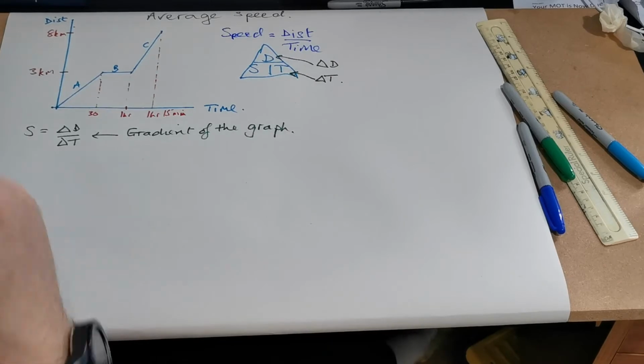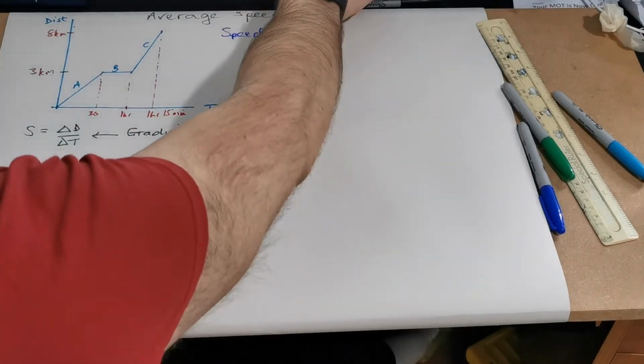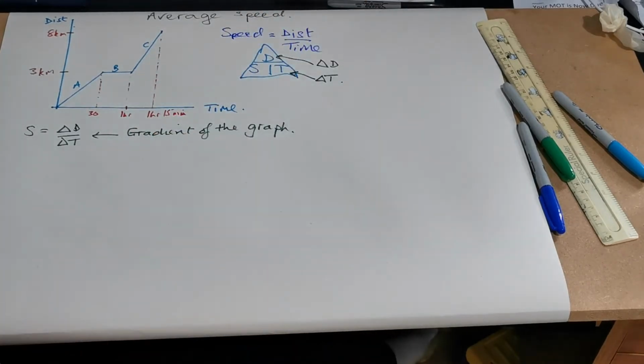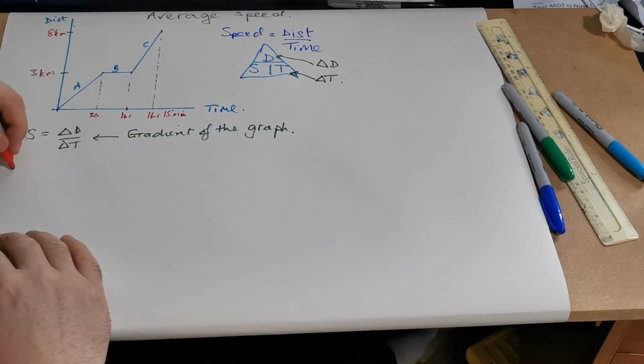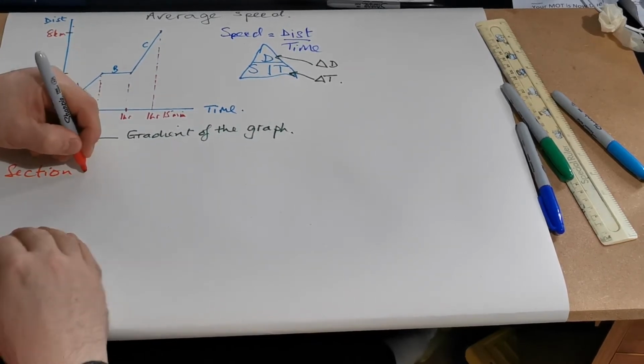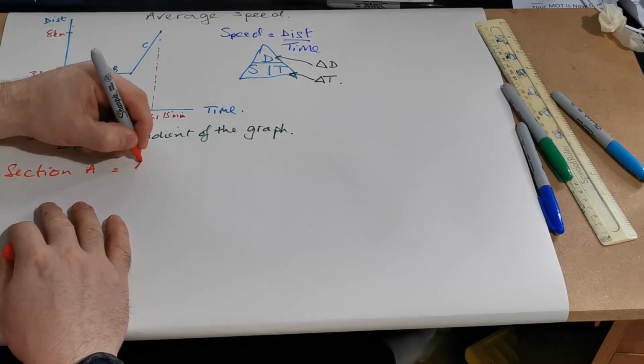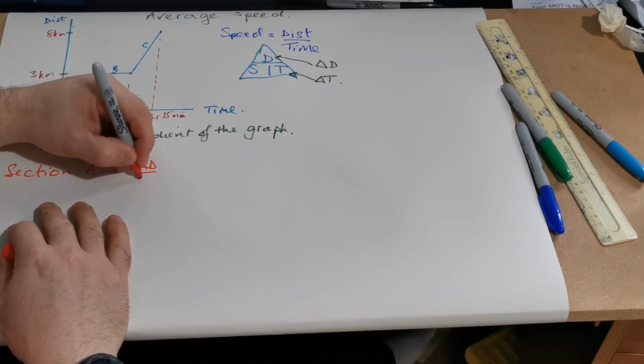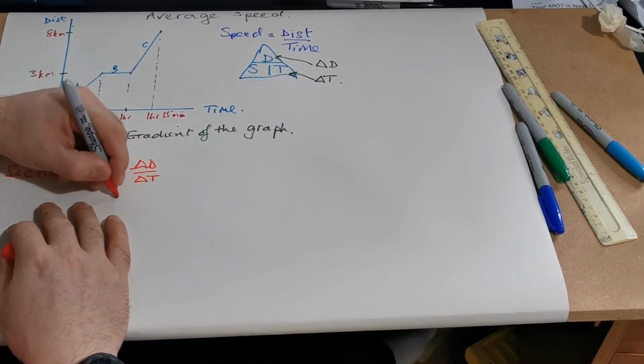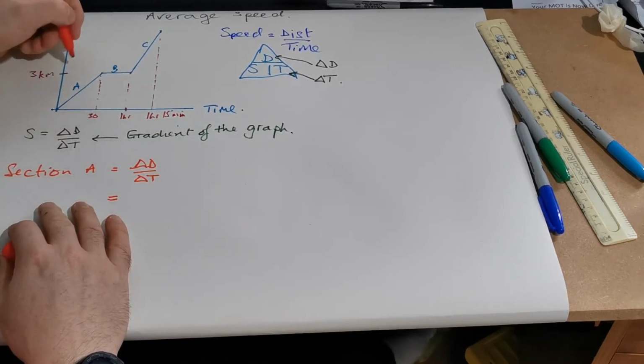Now, there's a few important points to make here about the gradient of the graph. Here on section A, I've got change in distance over change in time, which would be change in distance.